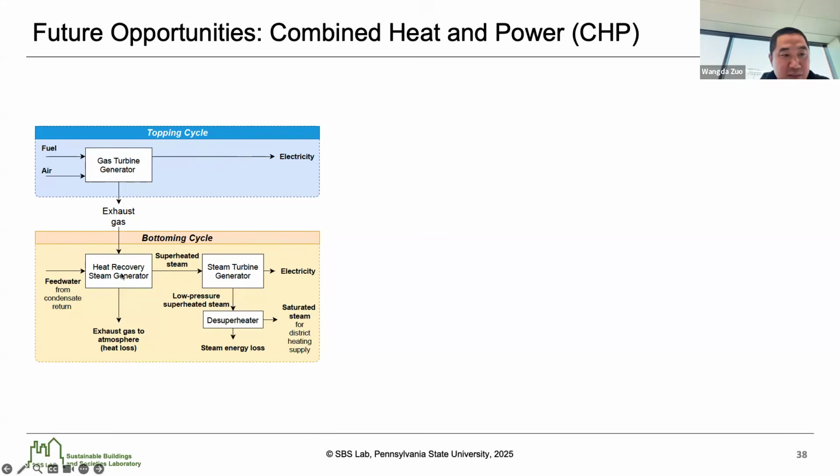Then the bottoming cycle: you have the exhaust gas that goes into a heat recovery steam generator. Then you generate steam, the steam can push a steam turbine to generate more electricity, and with the rest you can provide saturated steam to the campus. So that's a typical structure of a combined heat and power system.